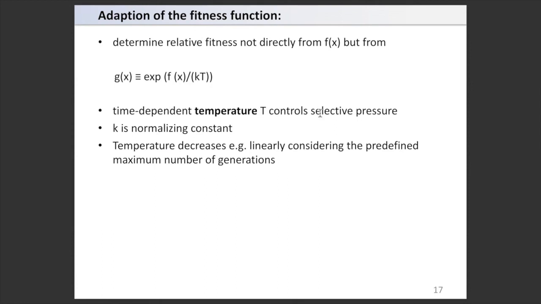T controls selective pressure. K is a normalizing constant. Temperature decreases, for example, linearly considering the predefined maximum number of generations. And then as T decreases, whichever has larger fitness, that individual becomes dominant in the population.